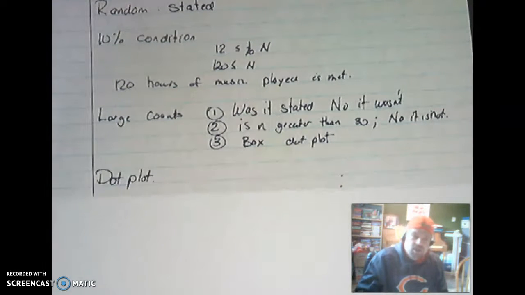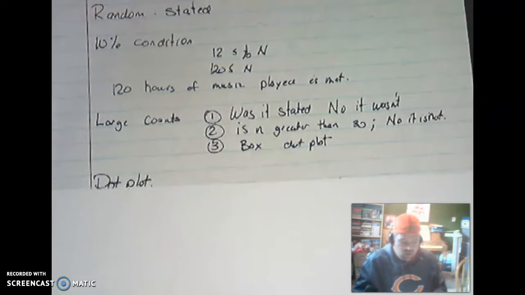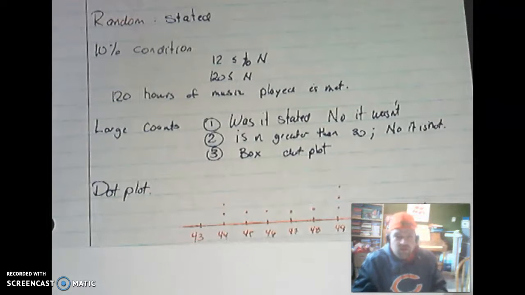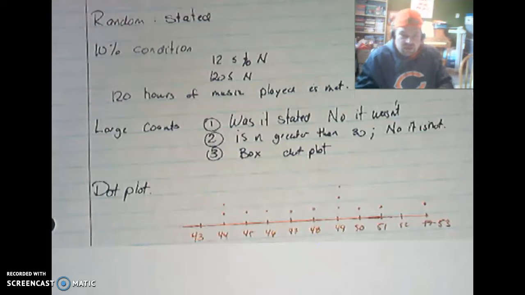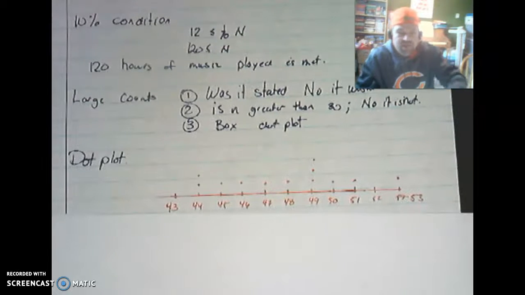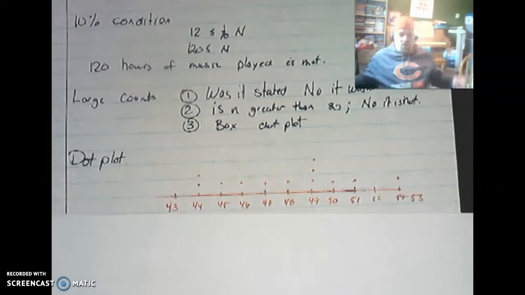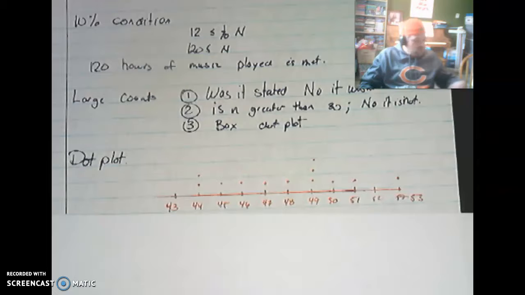So let me do a dot plot real quick for you. I kind of did it already. So now I need to move my picture up. There is my dot plot. I just drew out the numbers and set up a nice little scale.